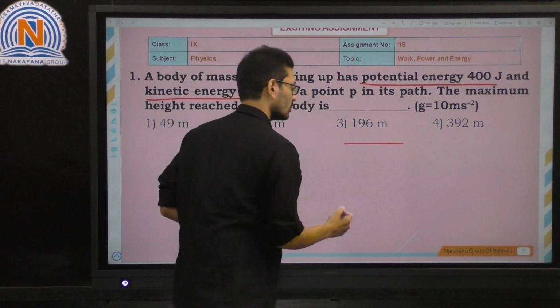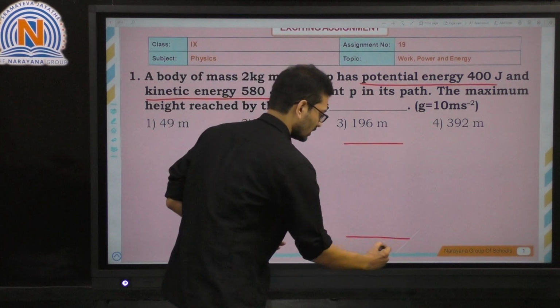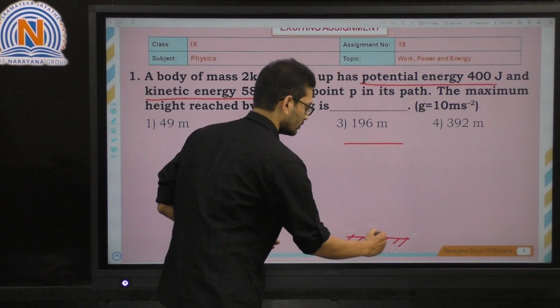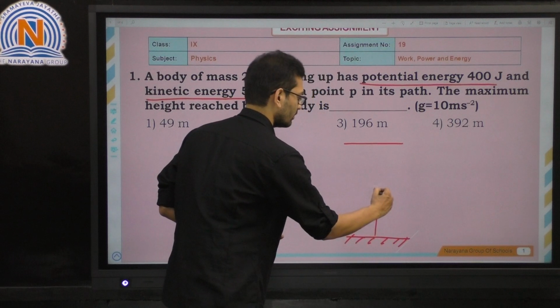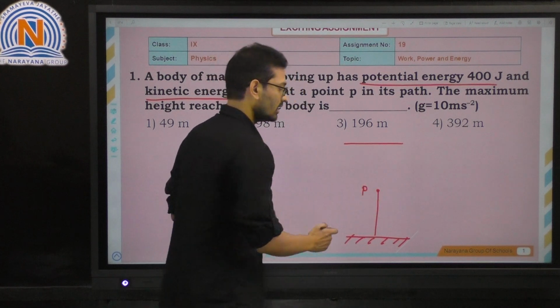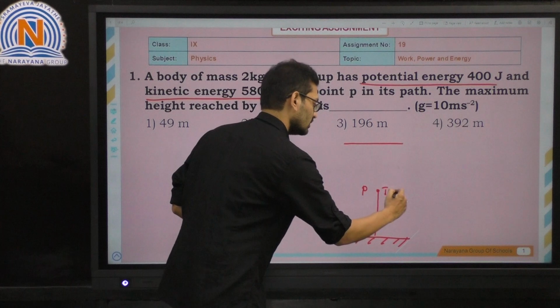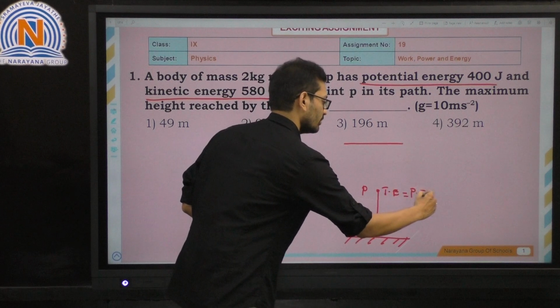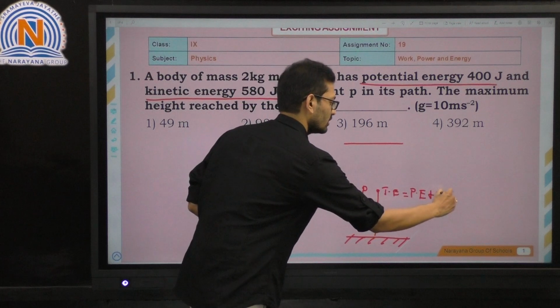See, I am going to draw the situation over here. This is the ground level. From the ground they have thrown some particle up to a point P. At point P the total energy is PE plus KE.